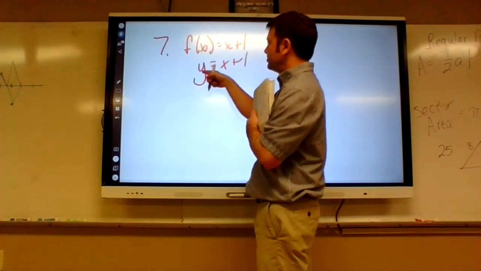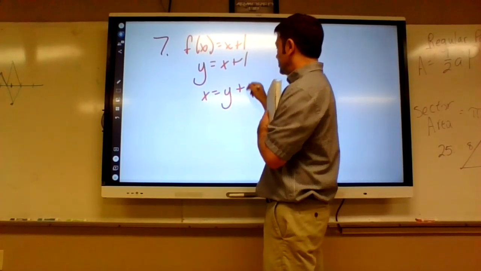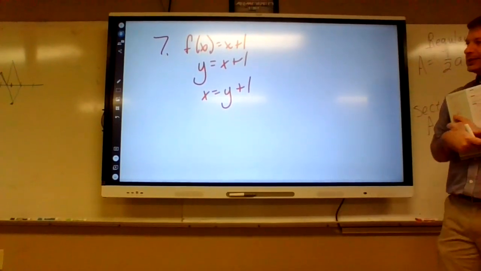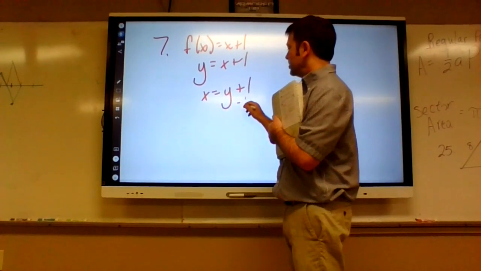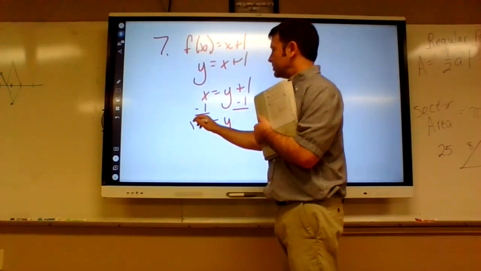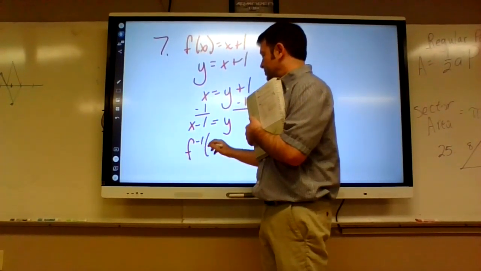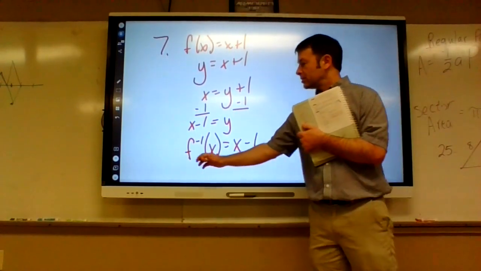So f of x basically stands in for the y. So x equals y plus 1. And then how do I solve that for y? Get it by itself. Minus 1. So y equals x minus 1. Therefore, f inverse equals x minus 1.